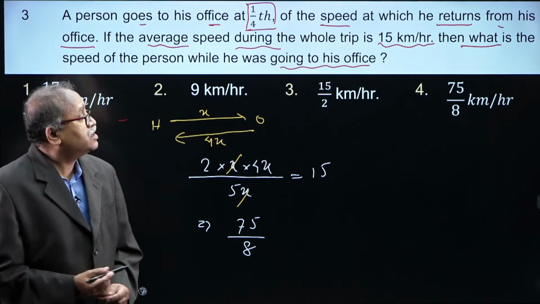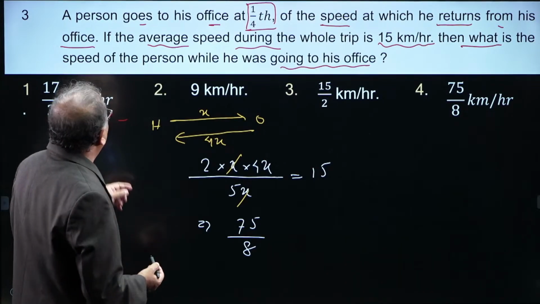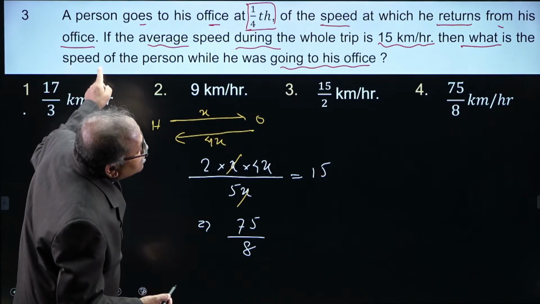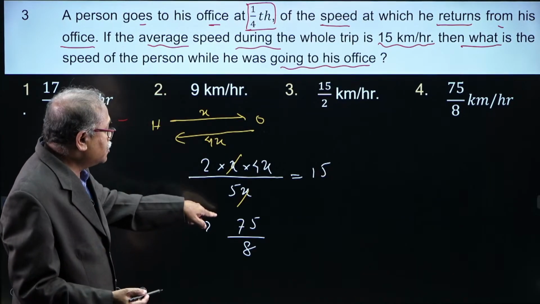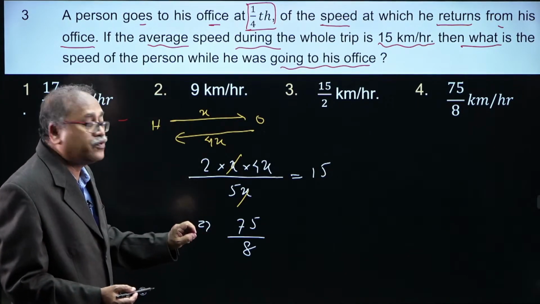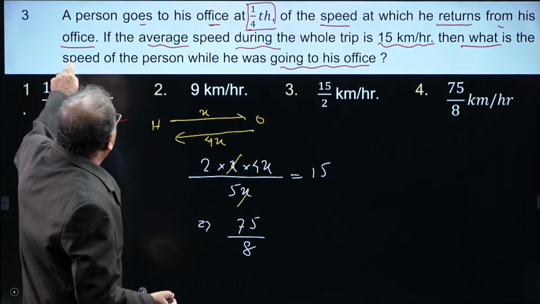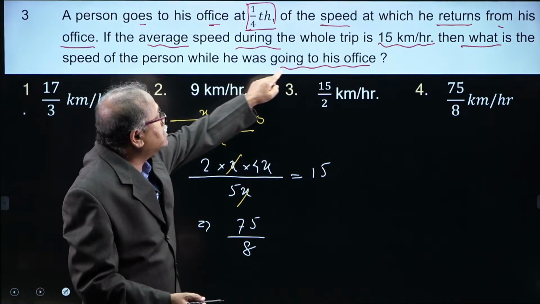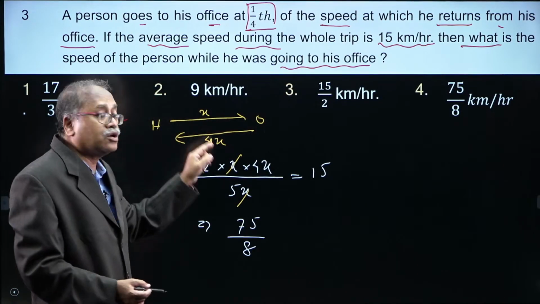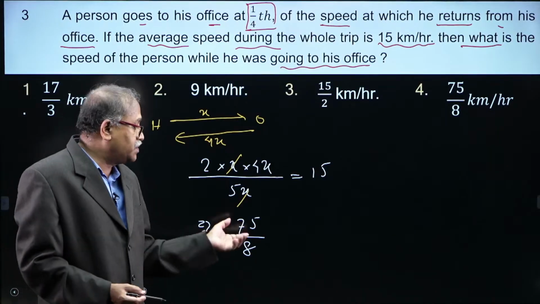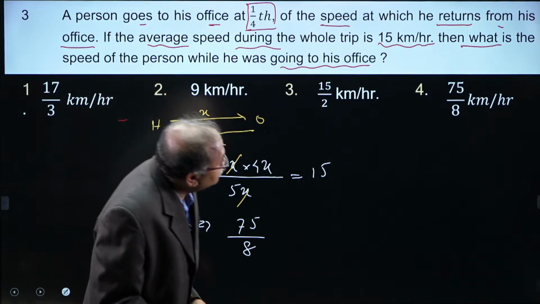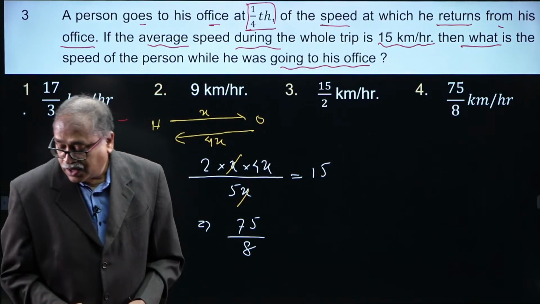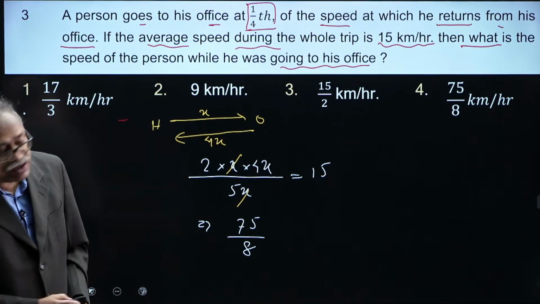That is what the average speed is. So, what is the question? No, x is equal to 75 by 8. Now, the question is what is the speed of the person while going to the office? While going to the office, his speed was x, which is nothing but 75 by 8. So, anywhere 75 by 8 is there, I notice that this is option choice 4.